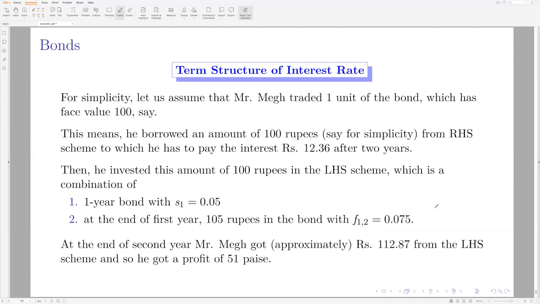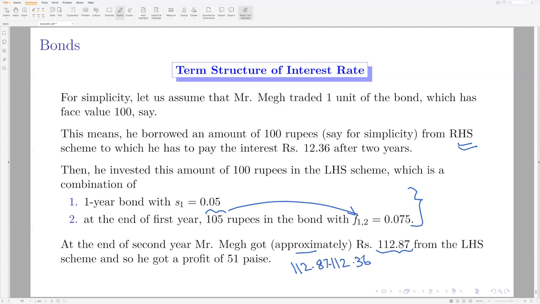So totally what he will be getting after 2 years from these two combined together: first he put 100 rupees, after 1 year he got 105 rupees that he put into the forward rate, and finally he will get this money. So at the end of 2 years, to the RHS, he has to pay 112 rupees 36 paise, but from the LHS scheme, he got 112 rupees 87 paise.